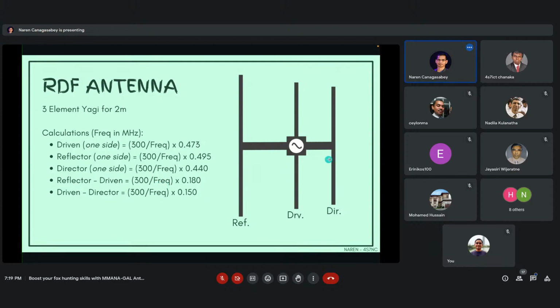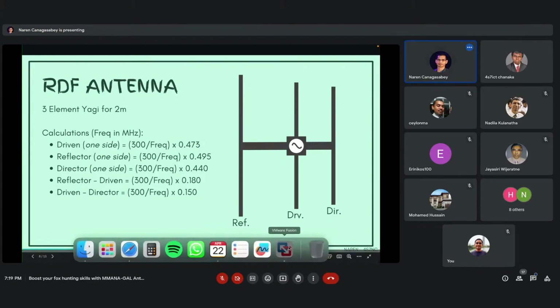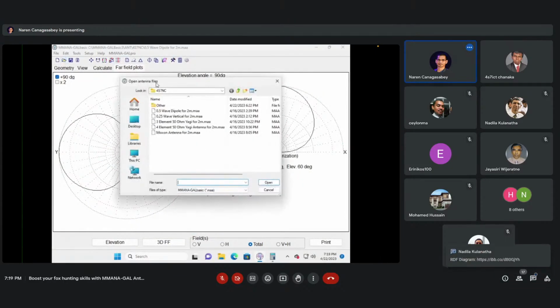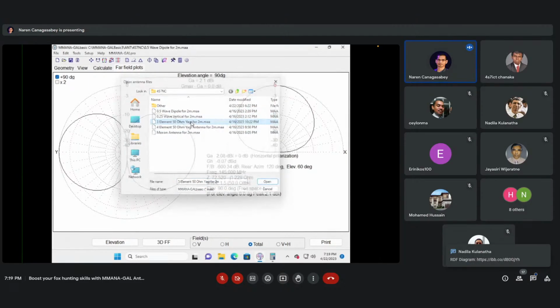And director to driven element spacing is 300 divided by frequency in megahertz into 0.150. Right. So again, back to the presentation, back to the software. Okay, let's open it up.